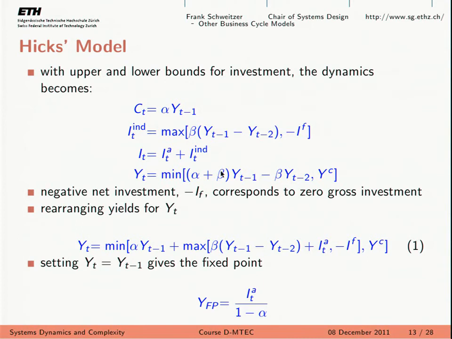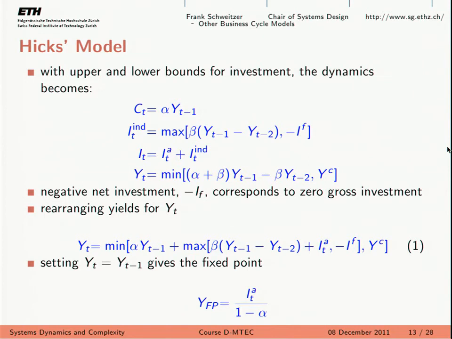The economy in the Hicks model is given by these 4 equations. And the most notable thing to notice are the two bounds, the upper bound and the lower bound. The upper bound is on the output, and the lower bound is on the investment.